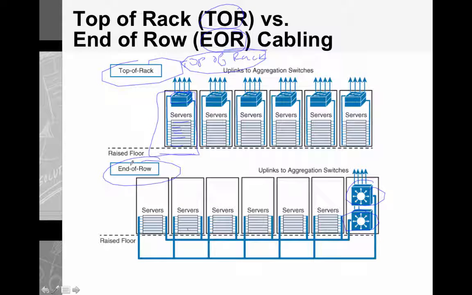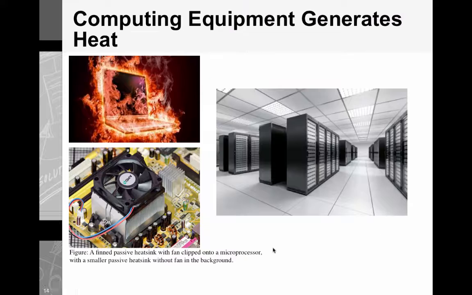Again, you can learn more about this in a networking class, but what I want you to understand is that in a data center, these different models exist, and the data center designers actually look at these different options. For example, if you use the end of row switch, you have to run a longer cable to the switch, right? So that's one of the disadvantages of that. All right, so let's continue on.